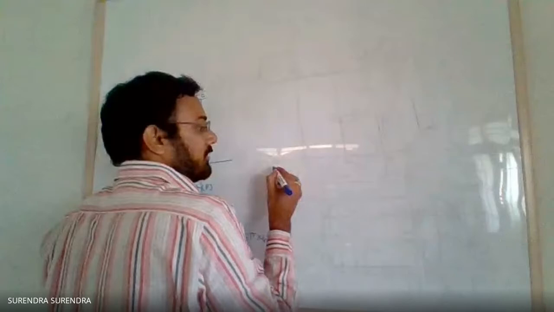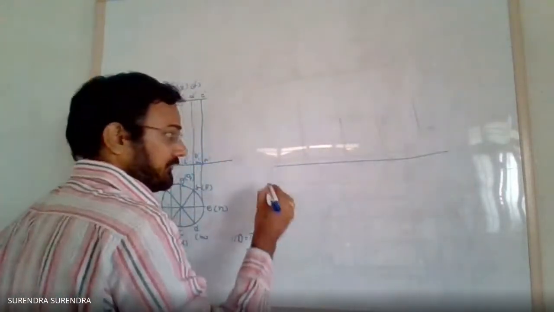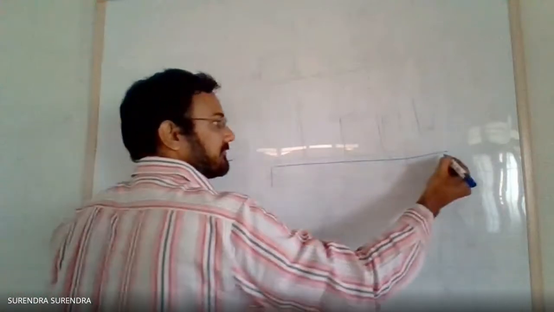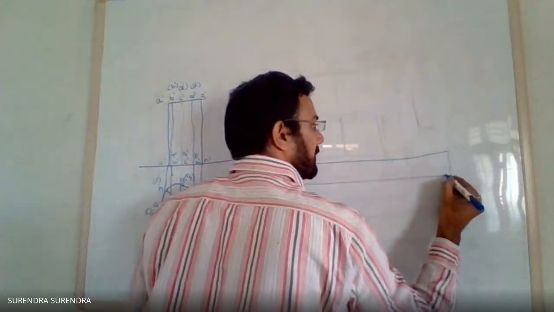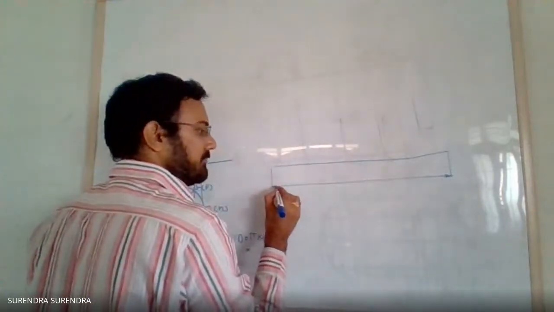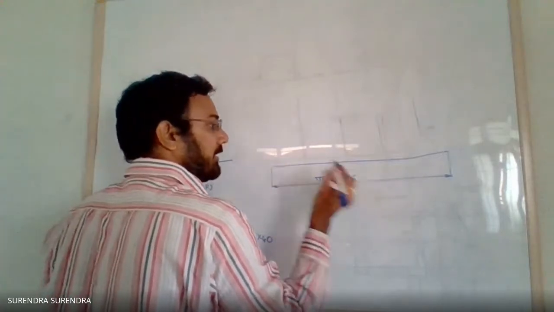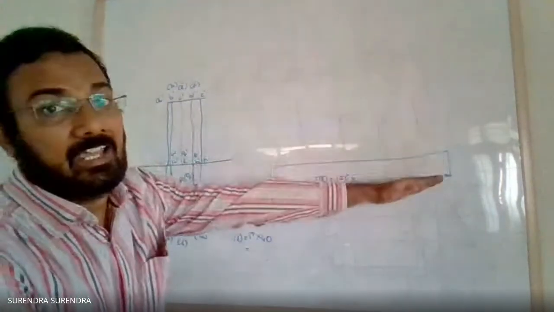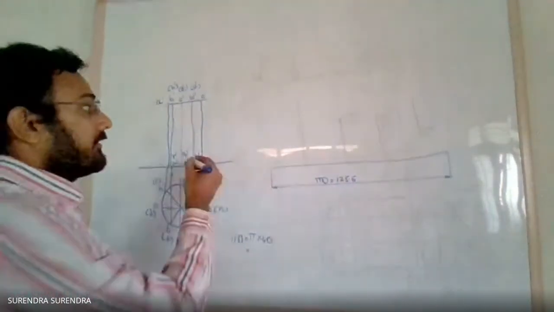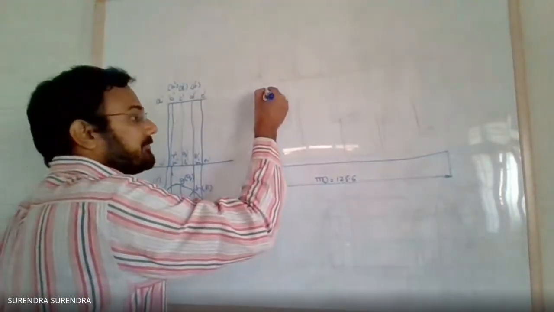125.6. So draw a straight line of length equal to pi d, 125.6. Now complete the rectangle with the height equal to the axis height, 60 mm.